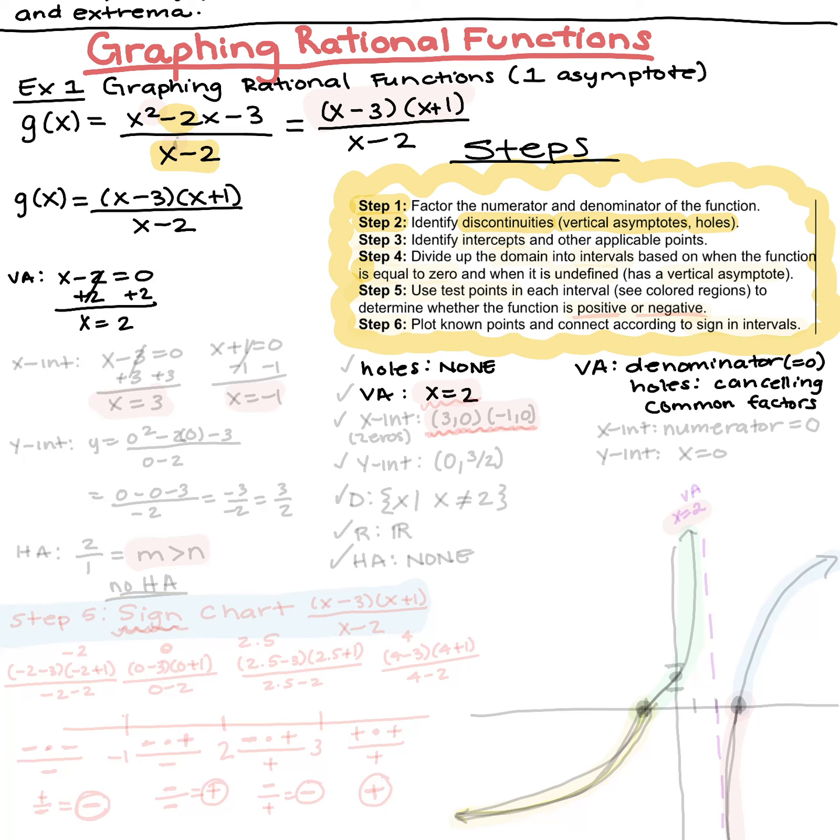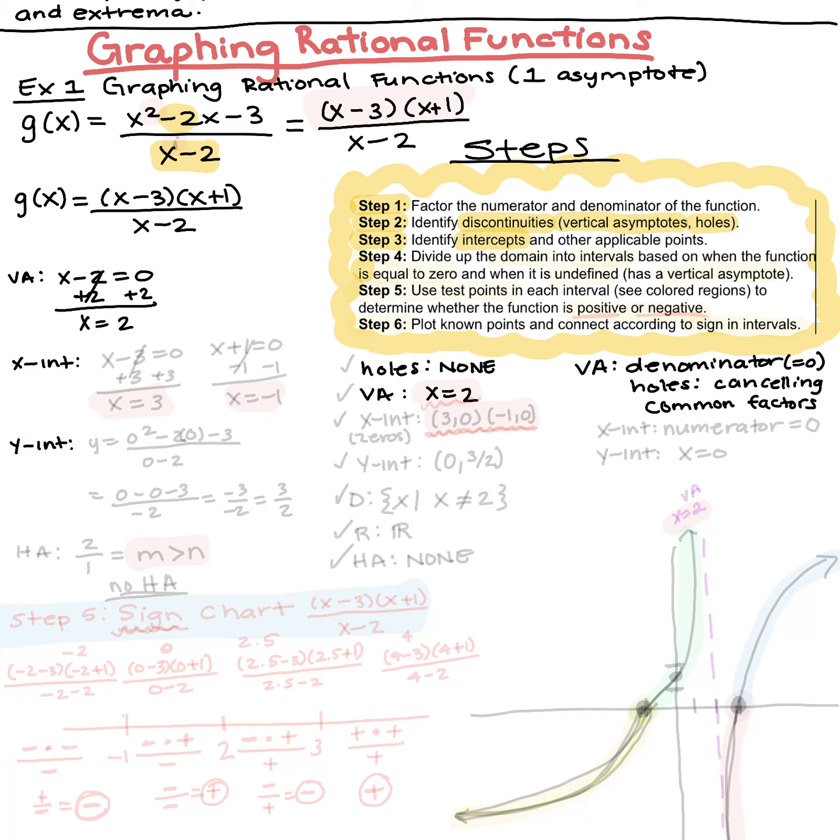Now let's move on to step number 3, which says identify the intercepts and other applicable points. So that means finding the x and the y intercepts. So we have to go ahead and find the x-intercept and the y-intercept.